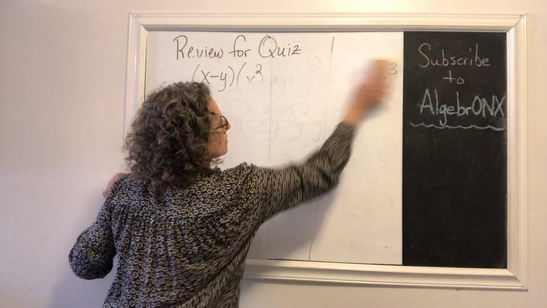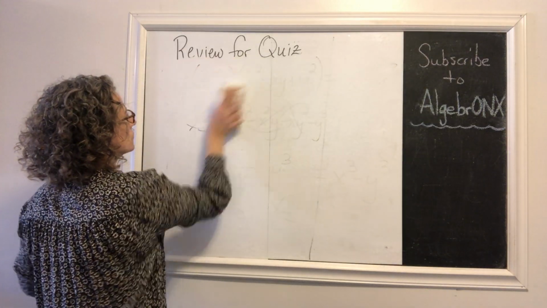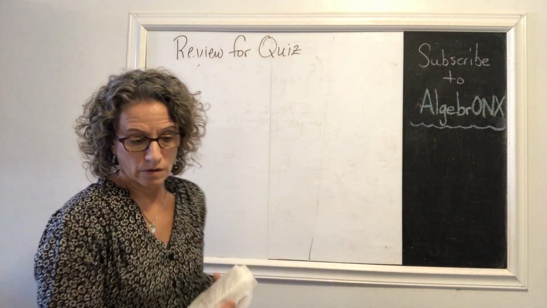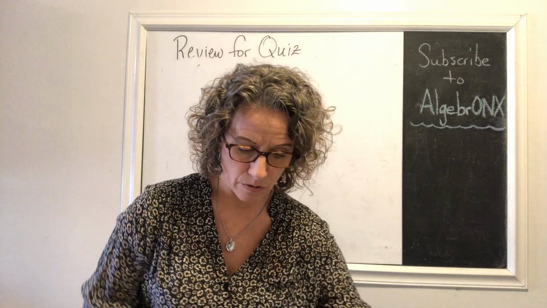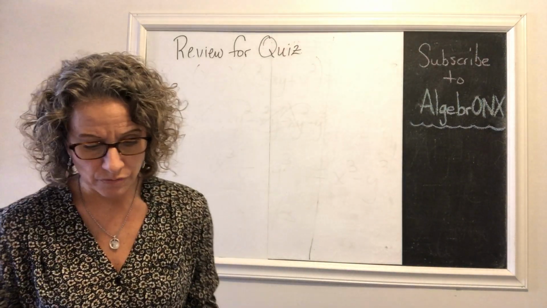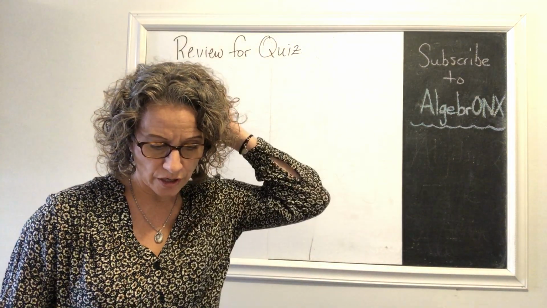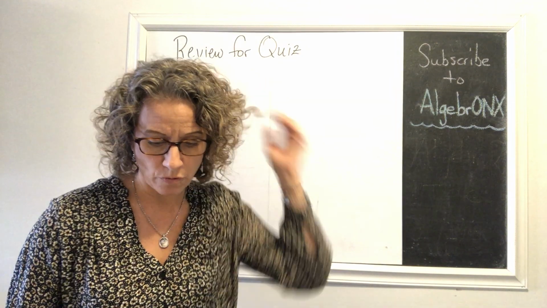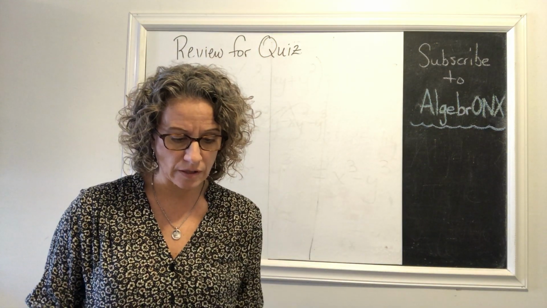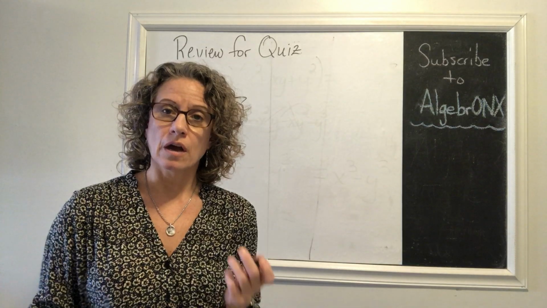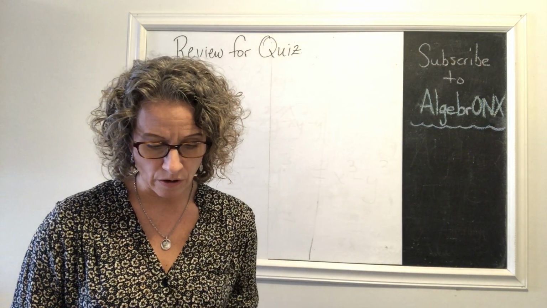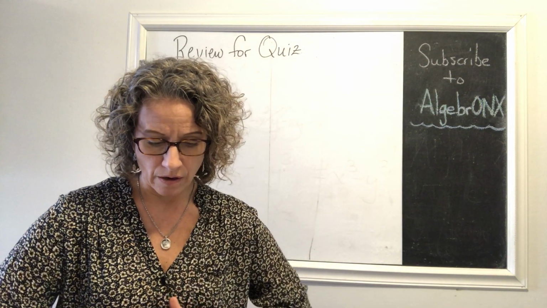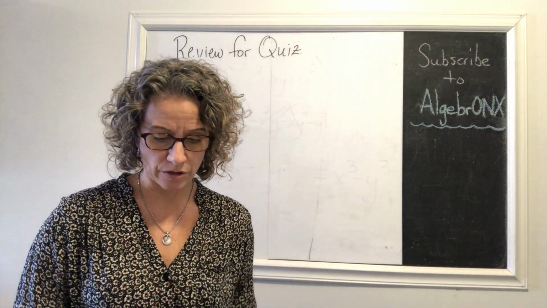Next will be a question on, given a graph, being able to write its equation in standard form. Given the x-intercepts of a function, write the standard form of the equation based on it.